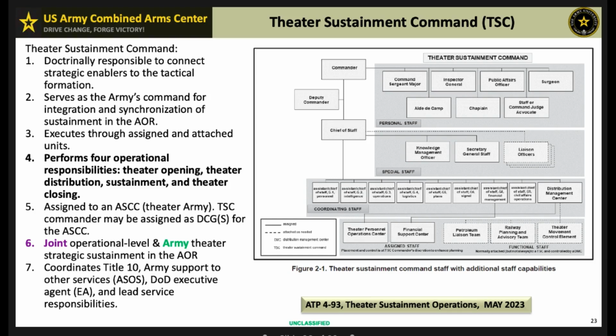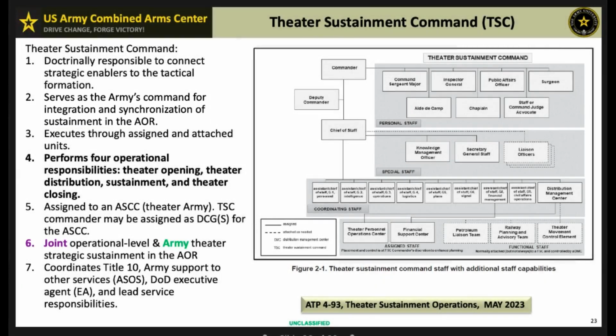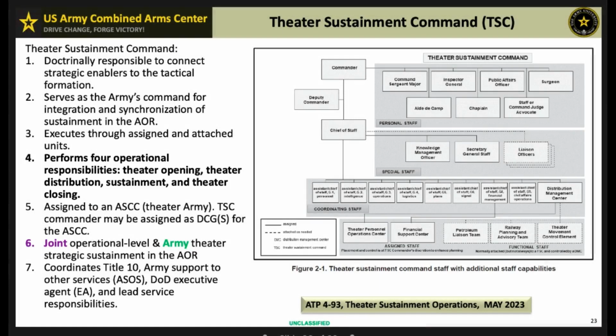The Theater Sustainment Command is doctrinally responsible for connecting strategic sustainment capabilities to tactical formations. It serves as the Army's primary command for integrating and synchronizing all sustainment activities within an area of responsibility. The TSC operates through assigned and attached units, executing 4 key operational responsibilities: theater opening, theater distribution, sustainment, and theater closing.